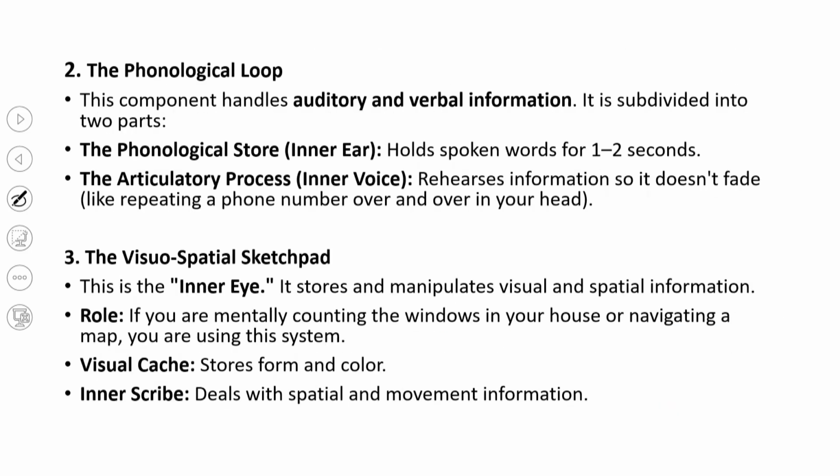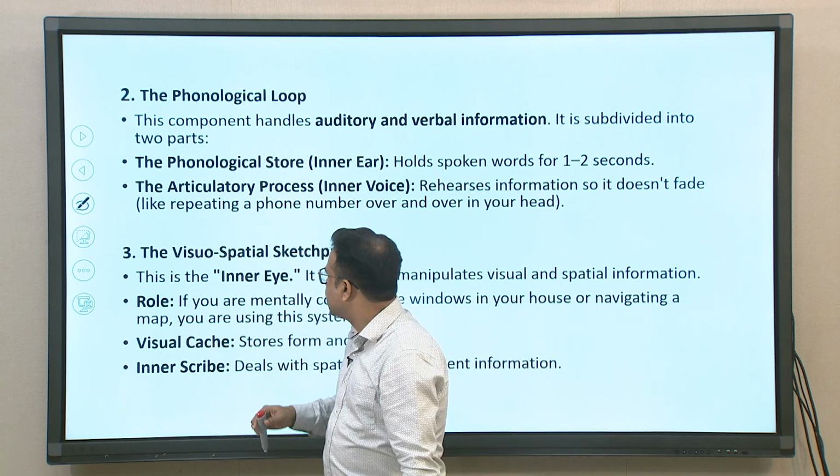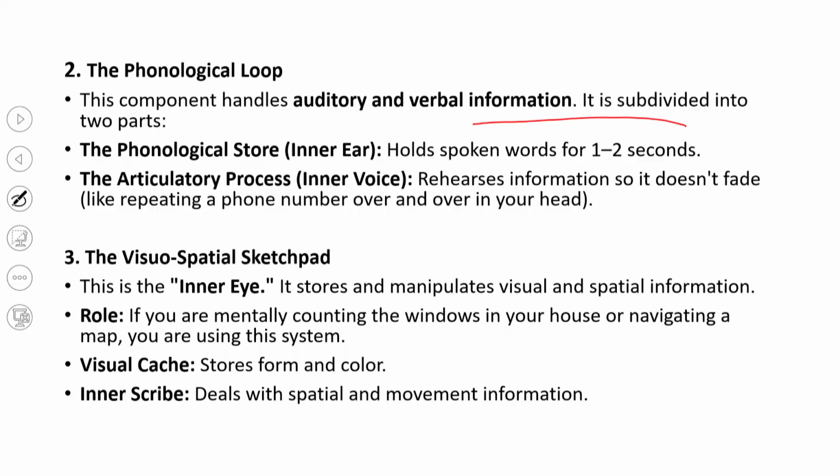Then comes the phonological loop. Phonological means all the auditory information that comes from the sensory memory. It handles auditory and verbal information. It is subdivided into the phonological store, like an inner ear, which holds spoken words for 1 to 2 seconds. Whatever we hear from someone, it holds for some time, 1 to 2 seconds.